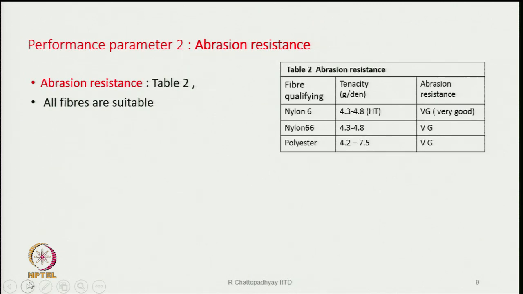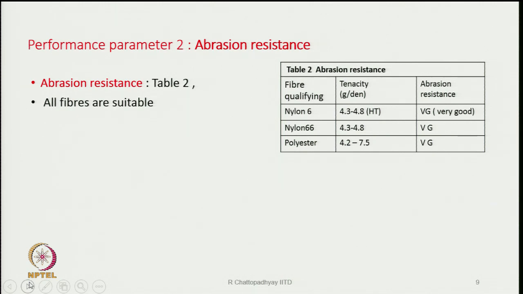From there, if we see table 2, abrasion resistance values are not given in terms of numerical figures, but in a qualitative manner, because we can consult a lot of research papers, find out what the values are, and from there we can have a qualitative ranking of fibers also.